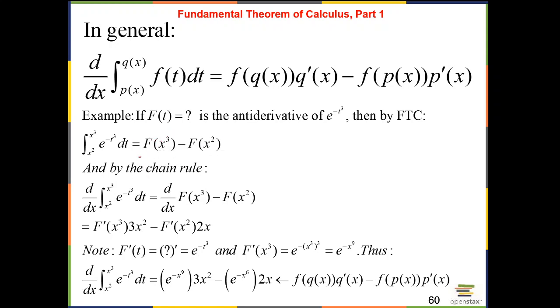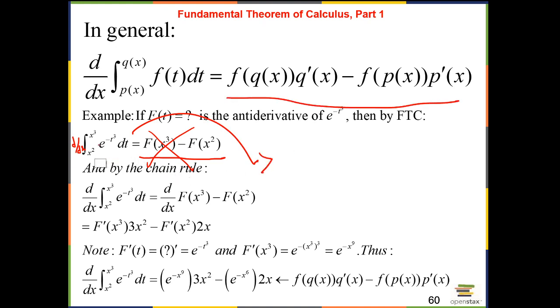And we don't really need to know the antiderivative if you just want d over dx. If you want to take derivative of this, you don't have to know this. You can skip that and go directly to this formula. Just take x to the third and substitute here.